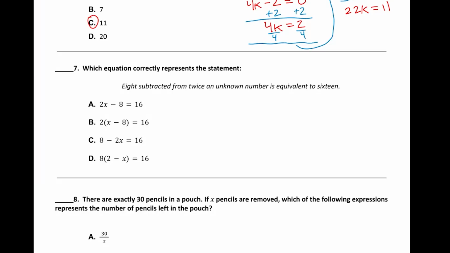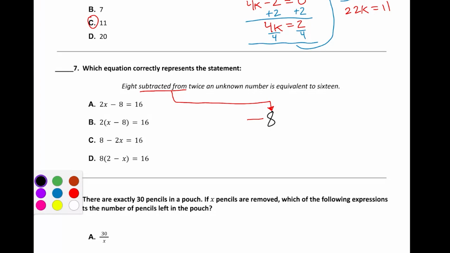When I say 8 subtracted from, we are going to have a minus, but it's going to be from, so minus 8. 8 subtracted from something means that you have something and then you take away 8 from it. So with subtraction, you're always going to do the minus after whatever the next thing is.